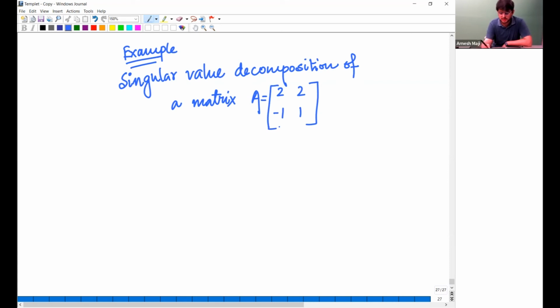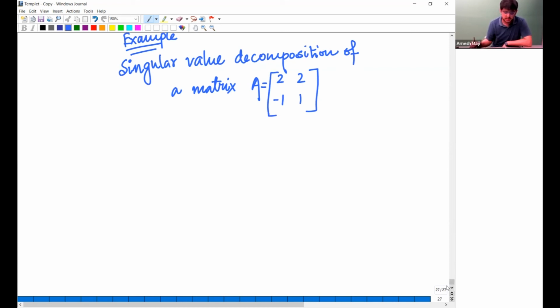We will do the singular value decomposition of this matrix. I think you have been taught in class how to do singular value decomposition. So first we will find this matrix.